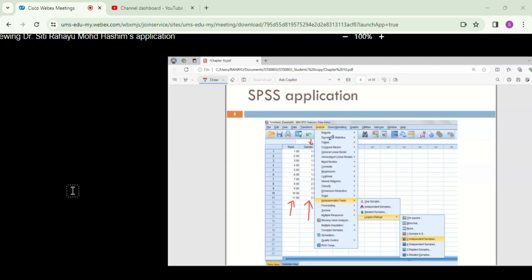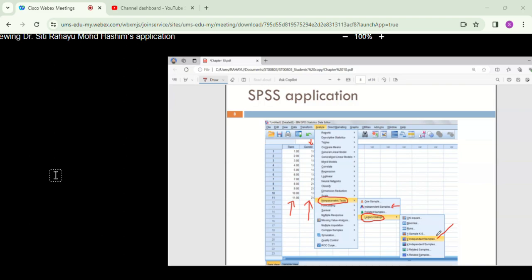Okay, so we go to non-parametric tests, and then you can also use independent samples here, but I prefer to use the legacy dialogues. You can try the other option yourself, but I will only discuss using the legacy dialogues, and then go to independent samples.